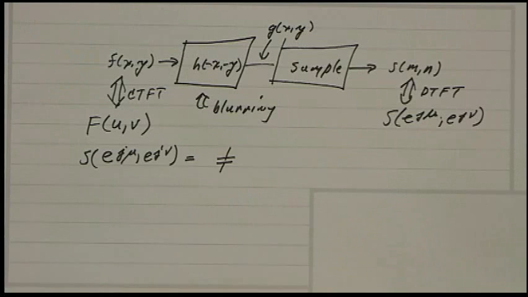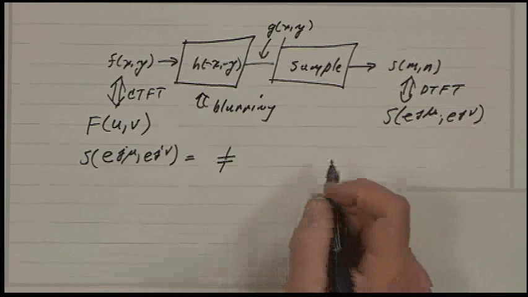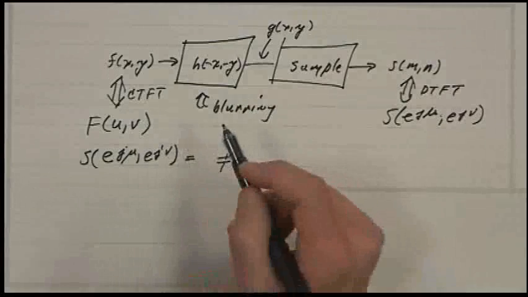Actually, did I put a tilde on that? I don't even remember why I put a tilde on that. Oh, because my original signal was, I'll use a little different notation here. So this is g of x, y.